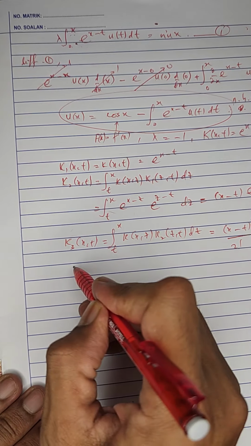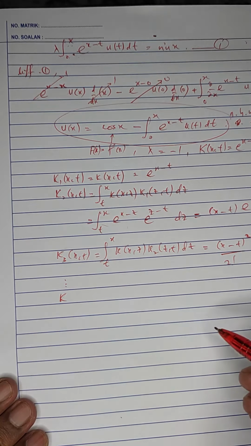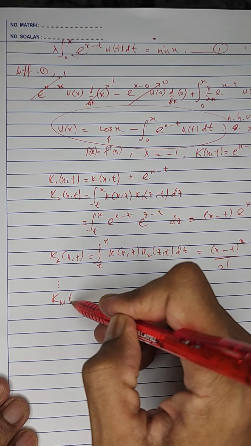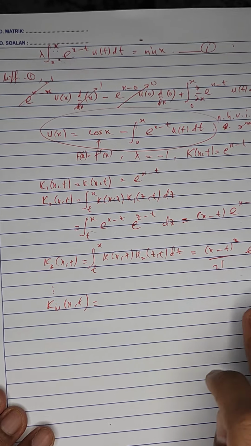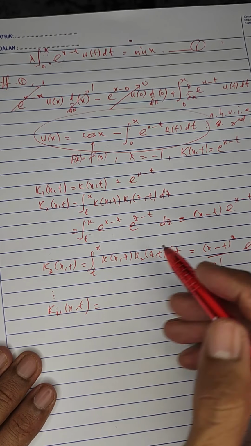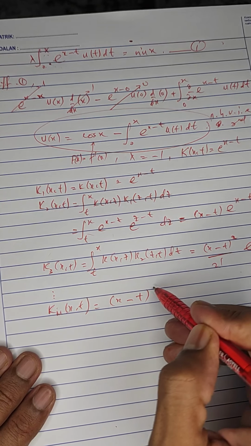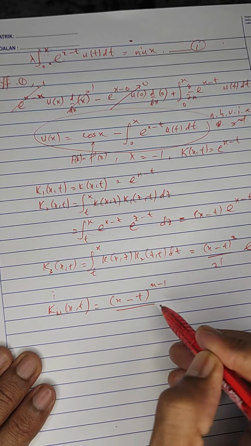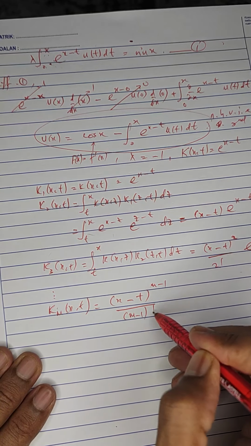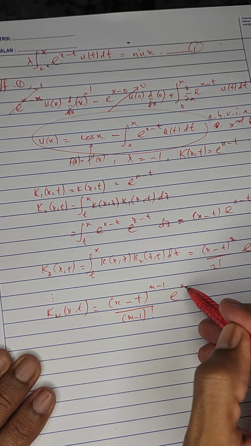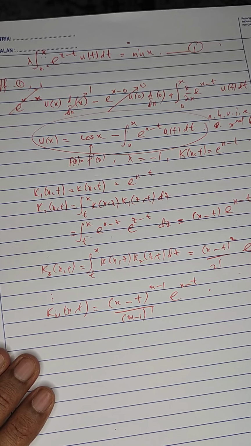And hence you can find Km(x,t), which is given as (x-t)^(m-1) over (m-1) factorial times e^(x-t).